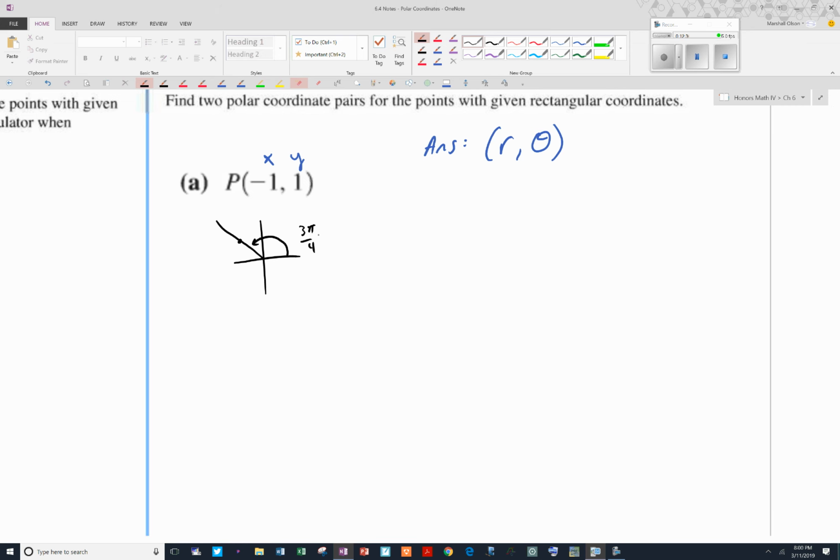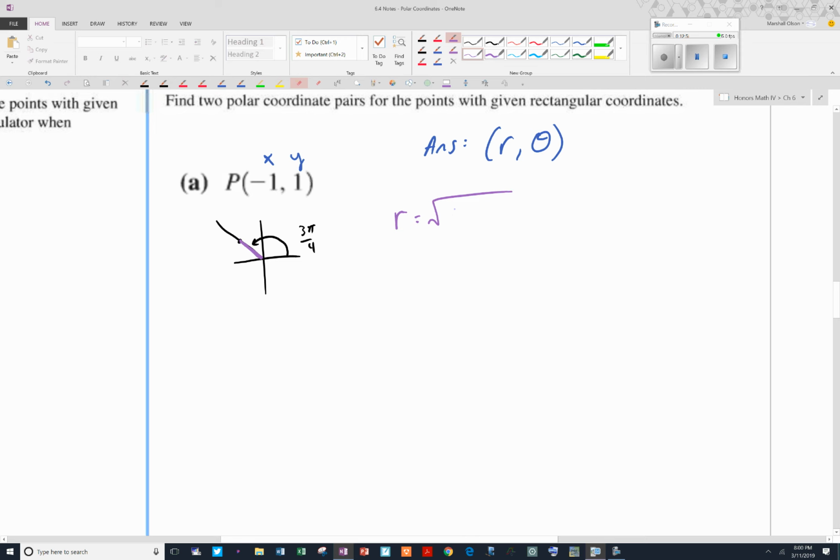Now what we need to know is what this r value is here, that distance from the pole or the origin. If you're in the rectangular, what is the distance from the origin to that point? So we know that we can find that distance by taking the square root of a squared plus b squared, or I'm sorry, back in vectors, x squared plus y squared.